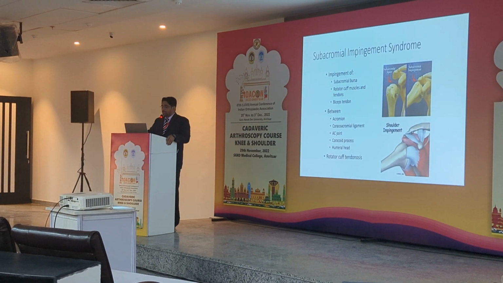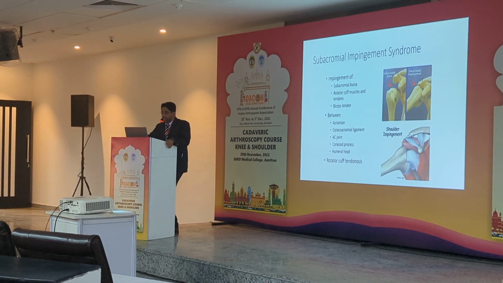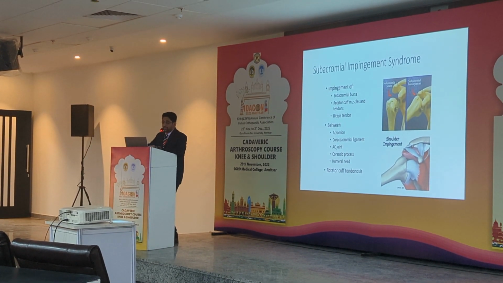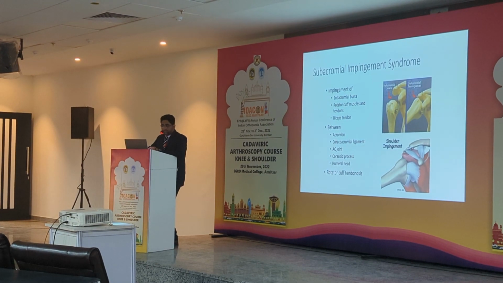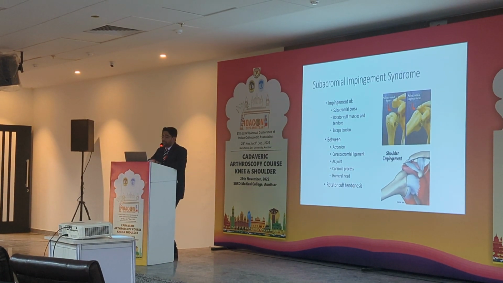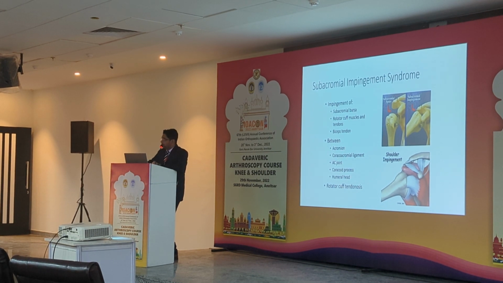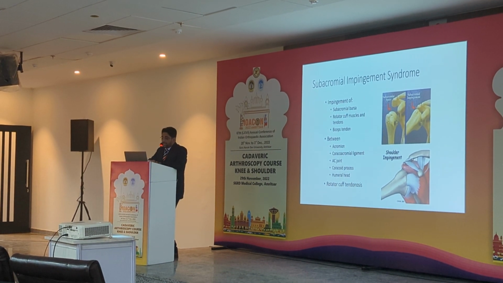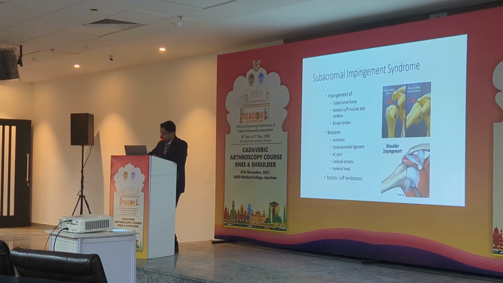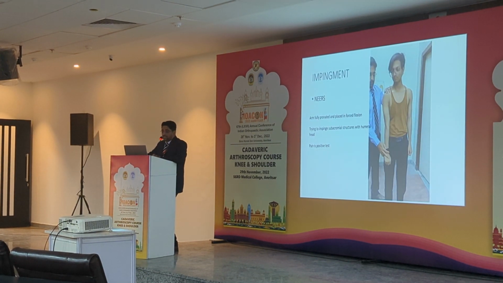First of all, we check for the impingement syndrome. It can be impingement of subacromial bursa, rotator cuff muscles, tendons or biceps tendon, and these get impinged between the acromion, coracoacromial ligament, AC joint, coracoid process or humerus head. So first of all, we check for the impingement.